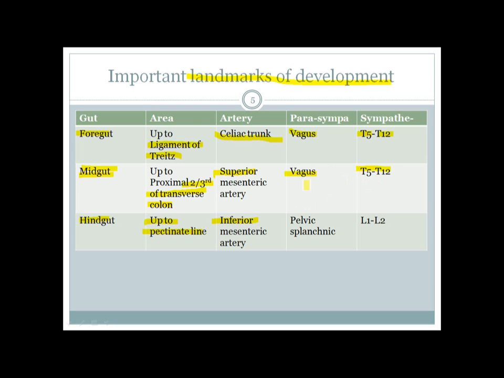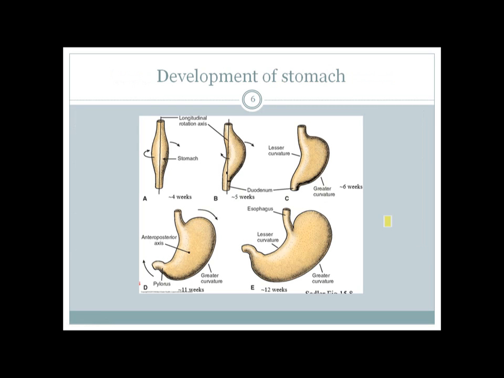But about the hindgut, it gets the parasympathetic from pelvic splanchnic nerve and sympathetic from first and second spinal cord segment of the lumbar region, so L1 and L2.